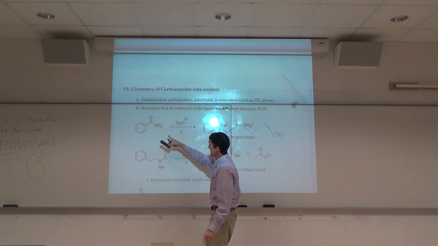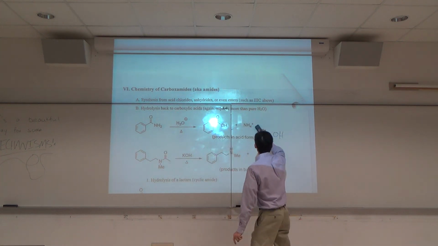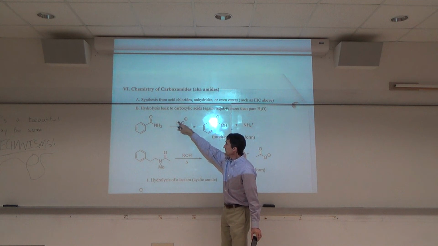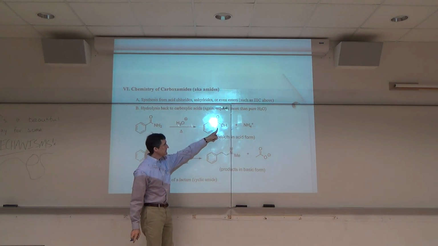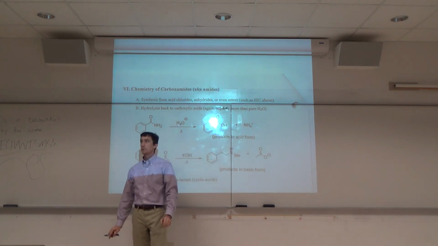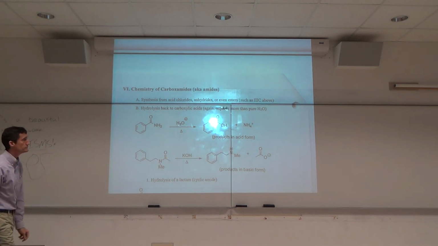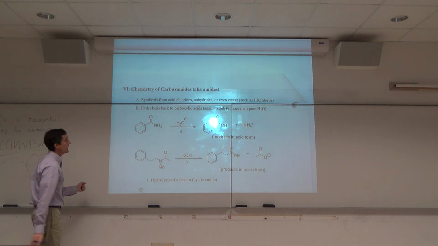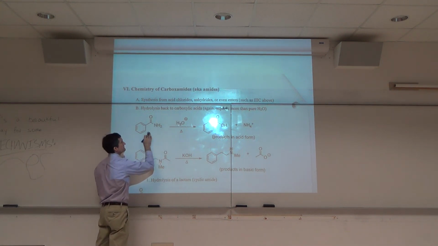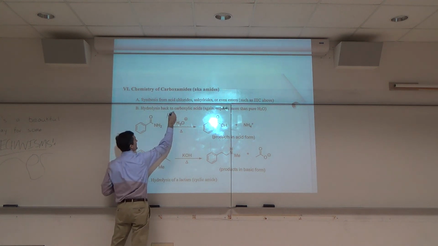So if you take this primary amide here, treat it with aqueous acid, you can hydrolyze it back to the carboxylic acid plus ammonium. What's the first step of this mechanism? Protonate the carbonyl.